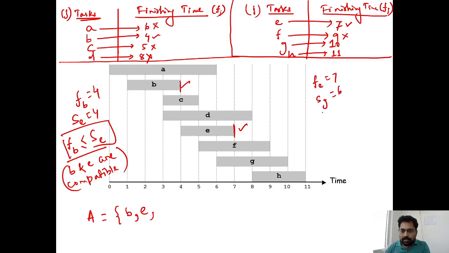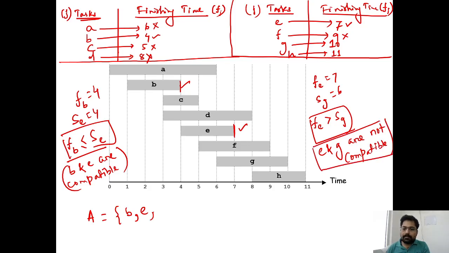In that case, f of E should be less than or equal to s of G, but here it is greater. So for this condition, E and G are not compatible. That's why we are not keeping this one.